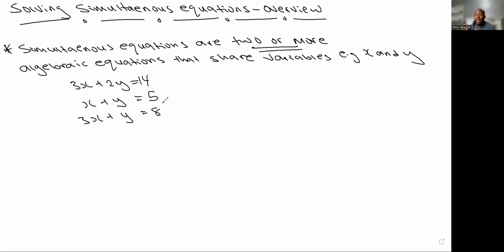But the key thing is that these equations have to be solved at the same time.